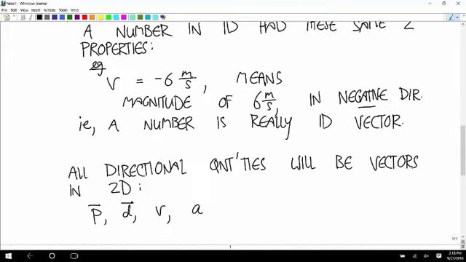So position, displacement, velocity, and acceleration are all vector quantities. Notice they all have different units. So the vector itself doesn't have its own units. The units depend on what kind of quantity it is. Just like in 1D, a number didn't have its own units. It depended what you're talking about, velocity or acceleration.